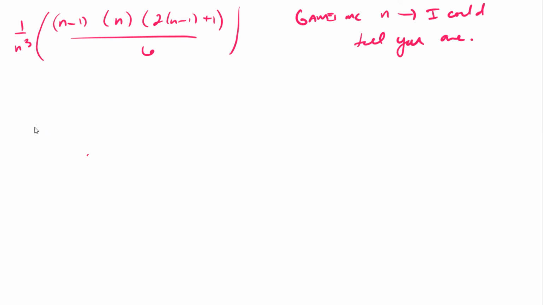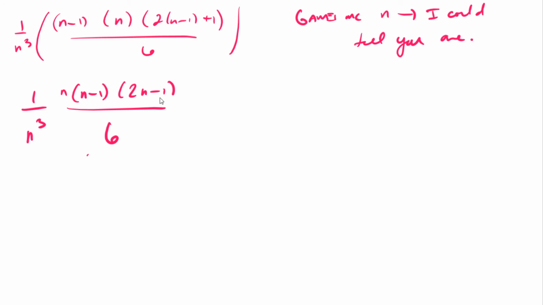So we can just algebraically simplify this real quick. So this is 1 over n to the third, and then there's a 6 here, and this turns into n minus 1 times n, and this is going to turn into a 2n minus 1.